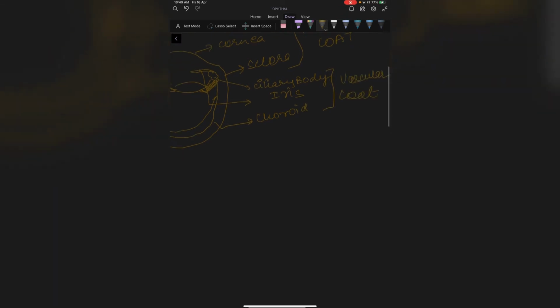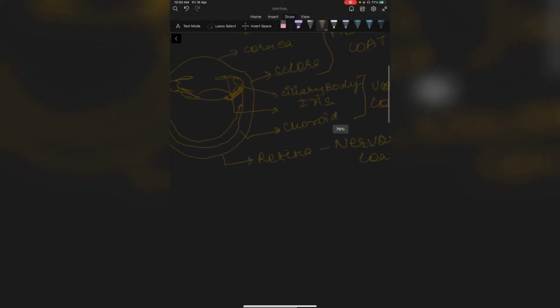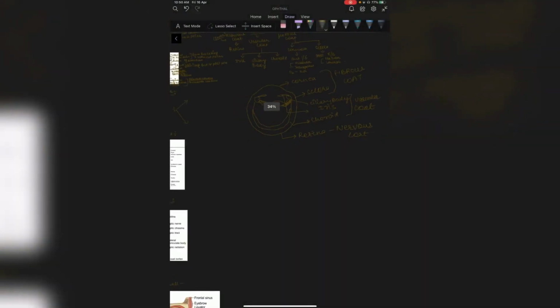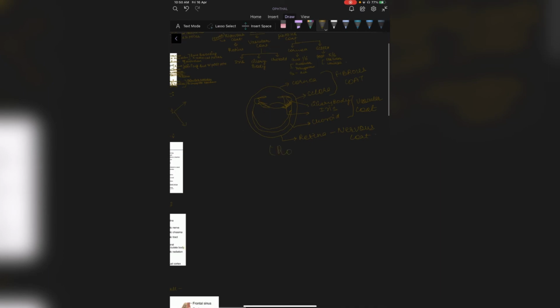Then the one behind is the retina, which is your nervous coat. So this is a rough diagram of how to understand it.